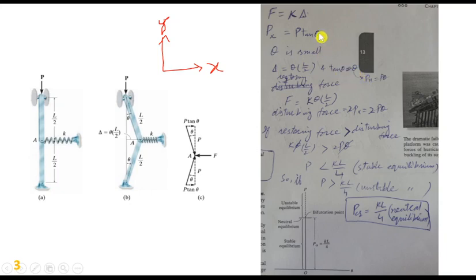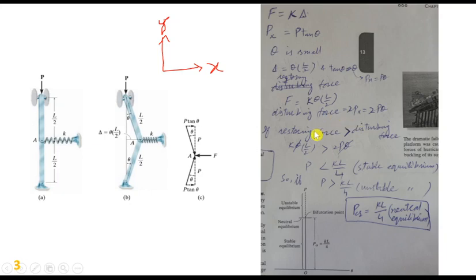When you put the value here, Px will be P theta, and the restoring force, when you put the value of delta here, F is equal to K into theta into L by 2. And the displacing force will be 2Px, one at the bottom, one at the top, but both are in the same direction, the x-axis, so the disturbing force will be 2Px.